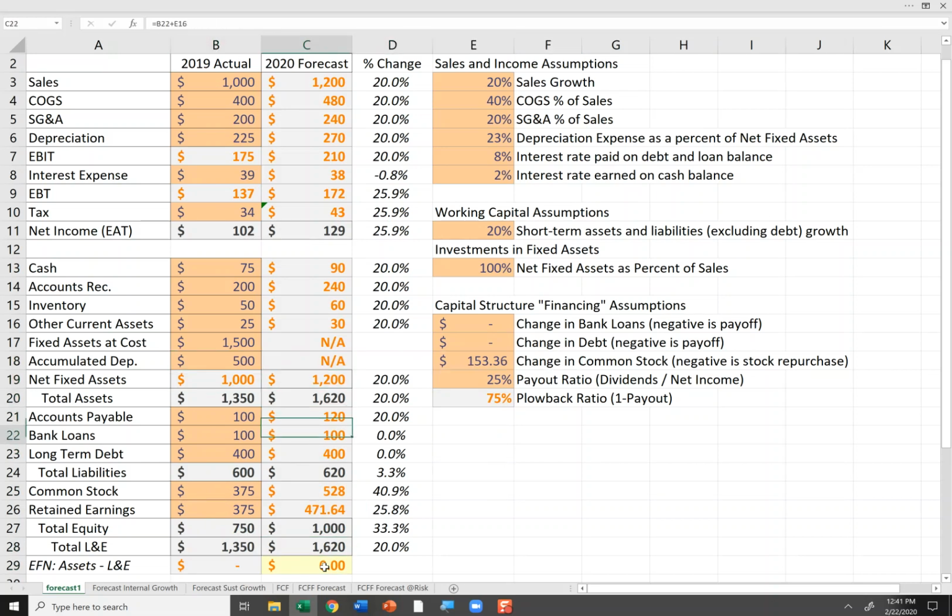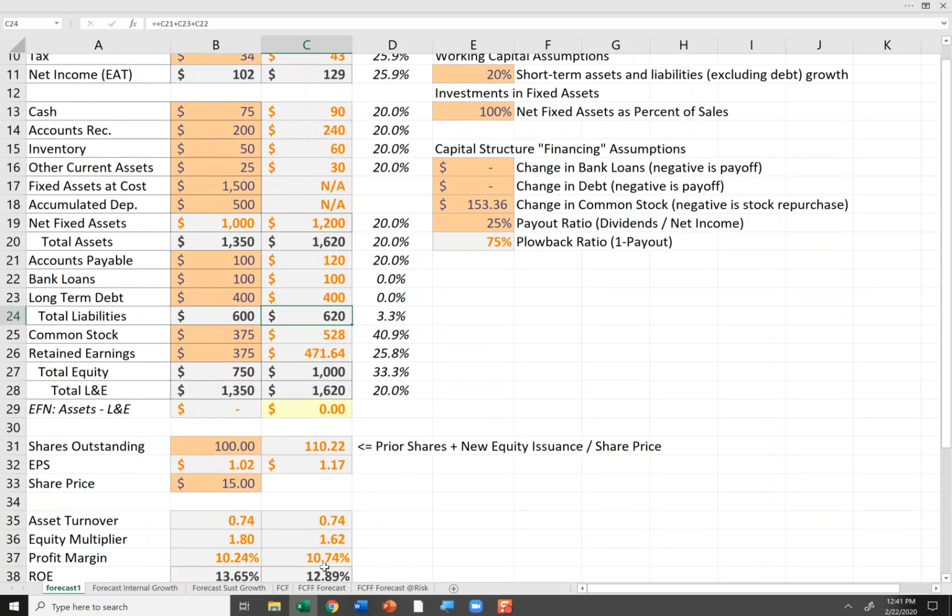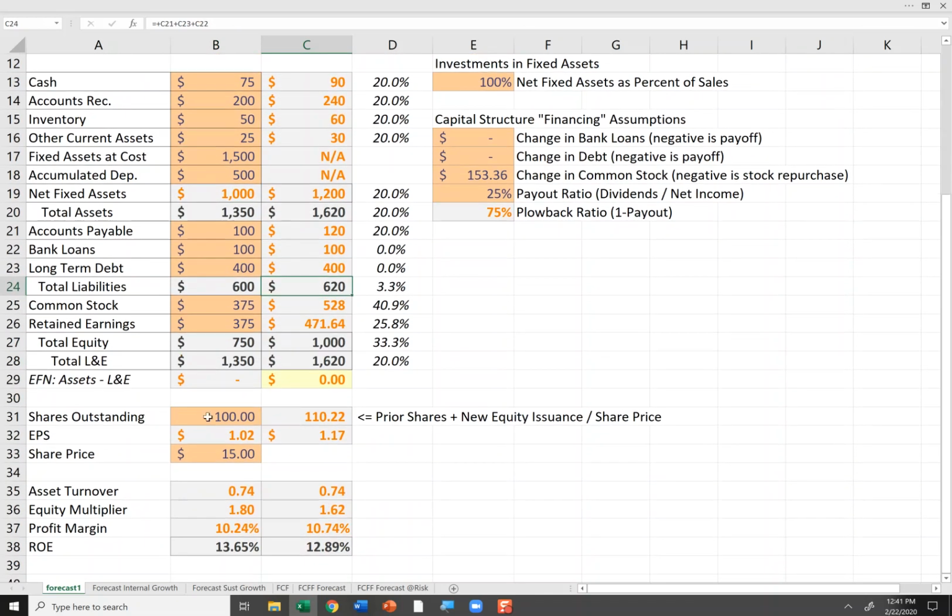And then you can evaluate the impact of that decision. What you can see is if I had 100 shares outstanding in the prior year and the stock price was trading at $15 a share, by issuing $153 of stock, if I take 153 divided by $15 a share, that must have been the number of shares I've issued.